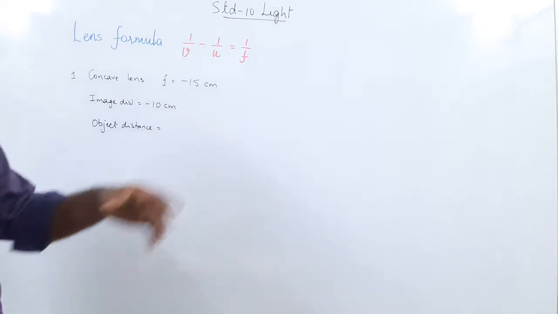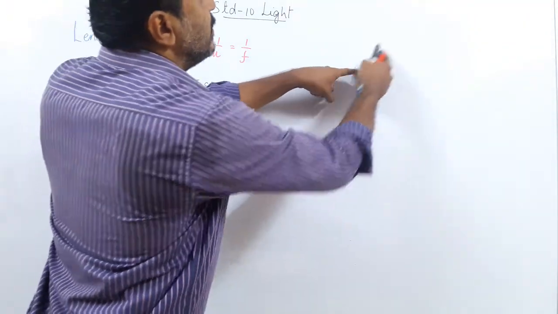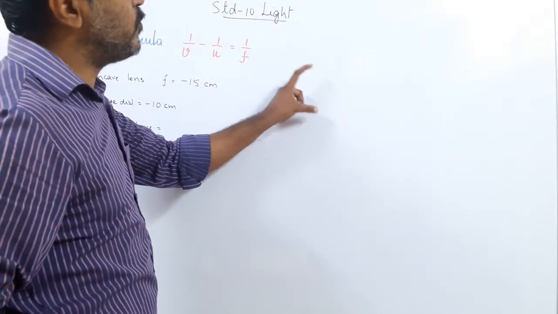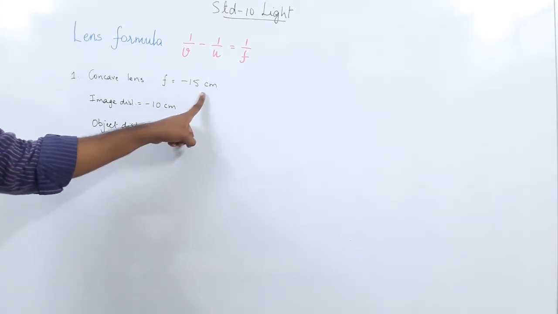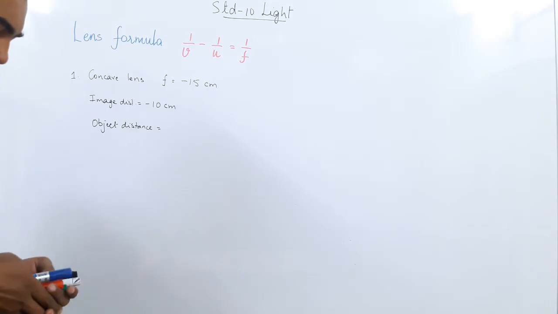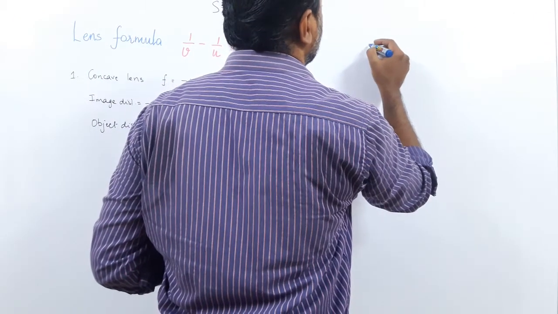Now you remember in the concave lens the light after falling is diverged, so you trace it back. So the focal length is also on the left side, so I have put a minus 15 centimeter. So you will have to remember these things for the mirror and the lenses.